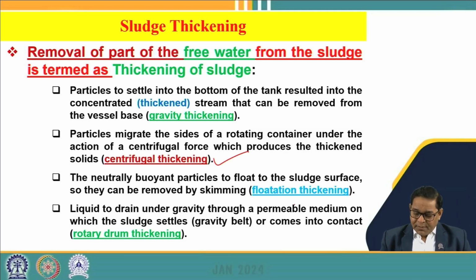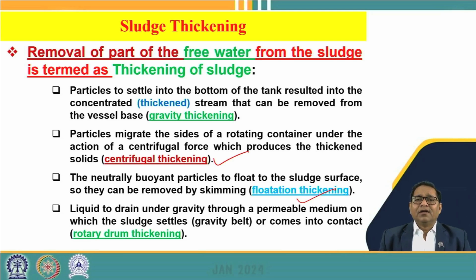And then we have the flotation technique, and under this we aerate the sludge mass. So this air gets entrapped within the sludge mass, and that makes the sludge buoyant, and with the presence of flocculent sludge, it will more easily get floated onto the surface.